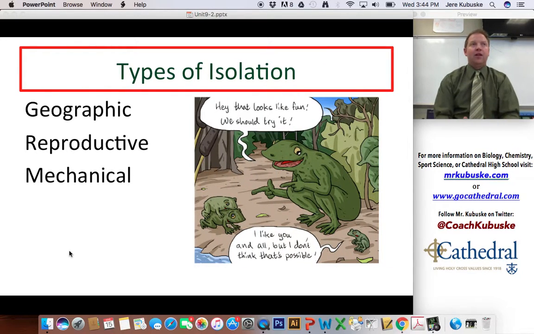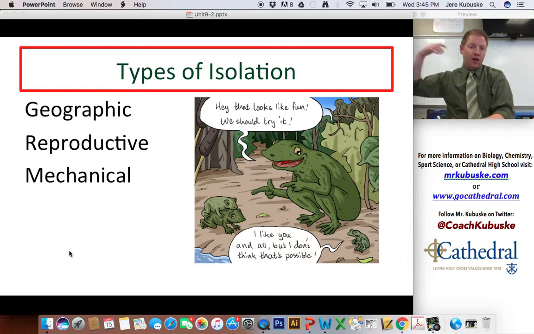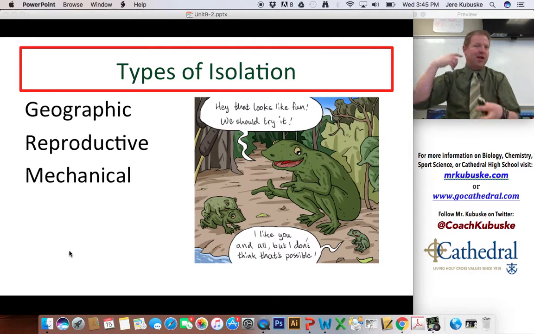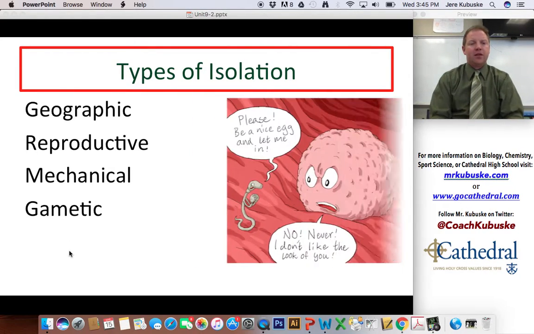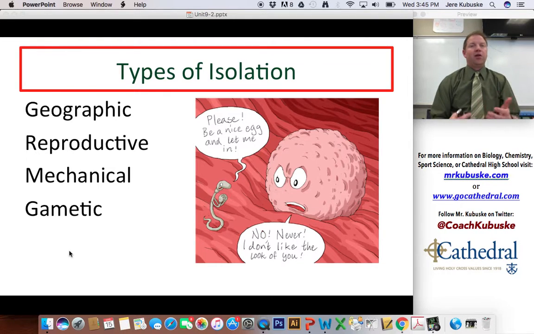Mechanical isolation is when basically the parts don't meet or don't match anymore, so you physically cannot reproduce with someone that may be closely related, not necessarily an evolutionary cousin, but because the parts don't meet up anymore, that's another type of isolation. Gametic isolation: you are two different species now, so your gametes don't fuse to create an organism anymore.